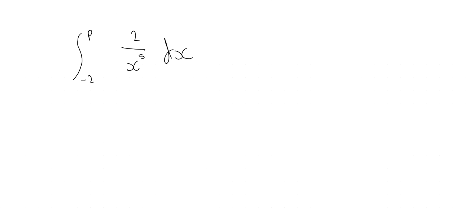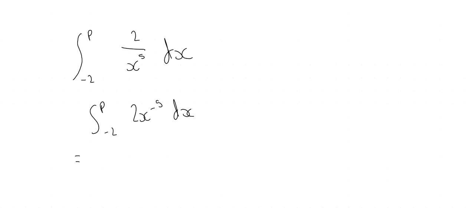So the first thing we're going to do is actually integrate this. Firstly, what I would like to do is rewrite this as 2 times x to the -5, and we're going to integrate that. So what do I get? Okay, let's not skip steps.